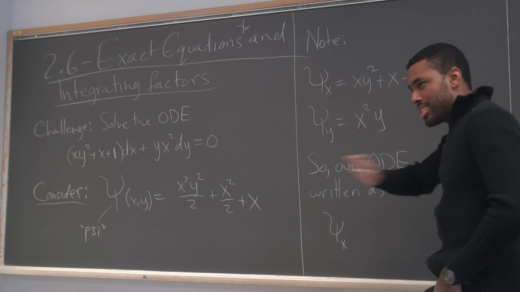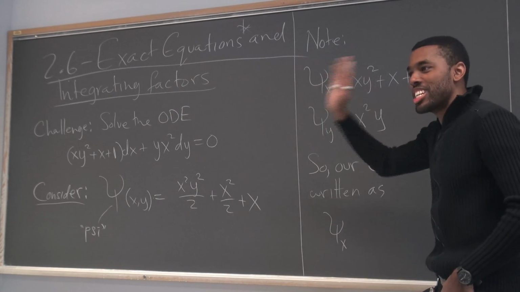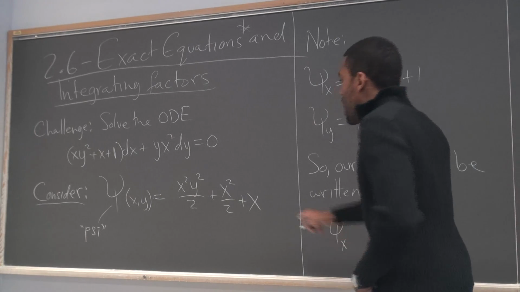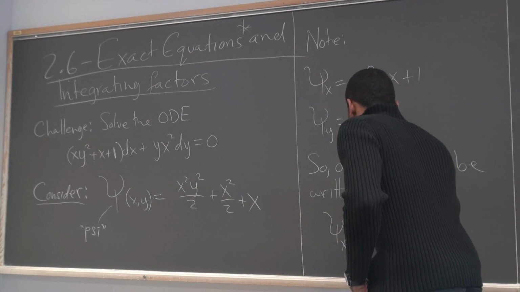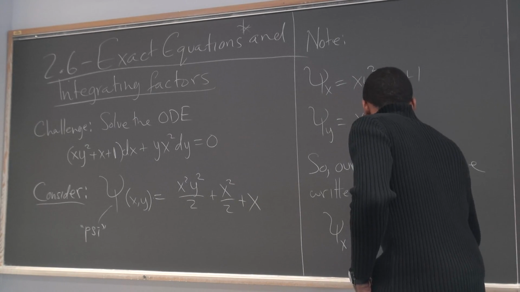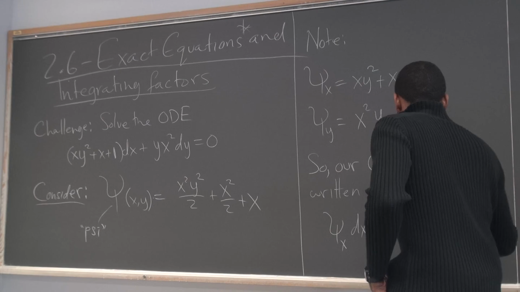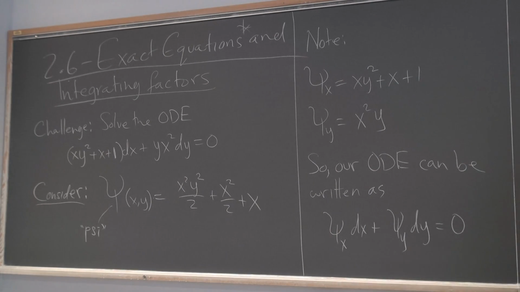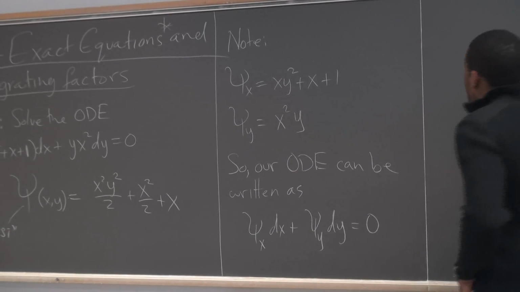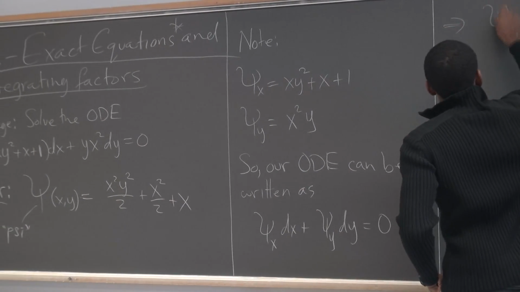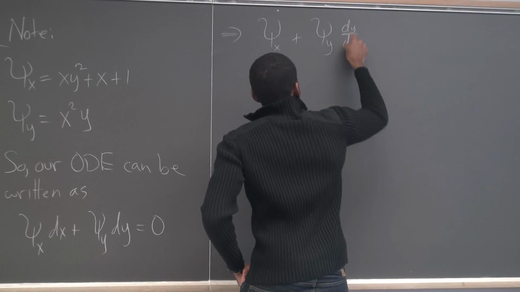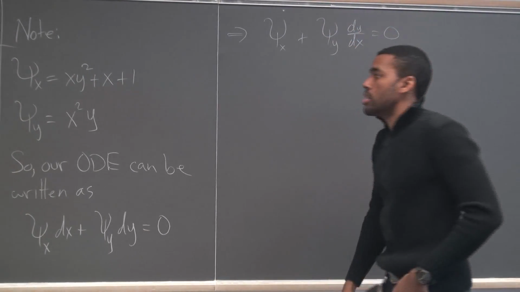Just don't worry about it for now. Just consider it. So I could write this as psi_x dx plus psi_y dy, or in other words, psi_x plus psi_y dy/dx equals 0.